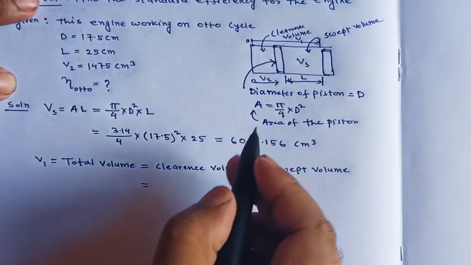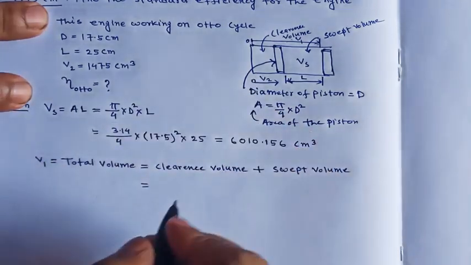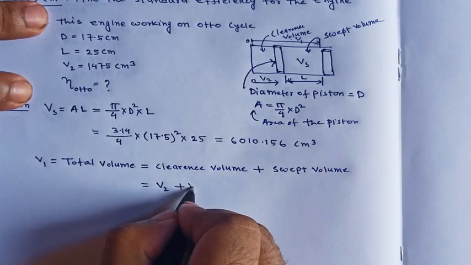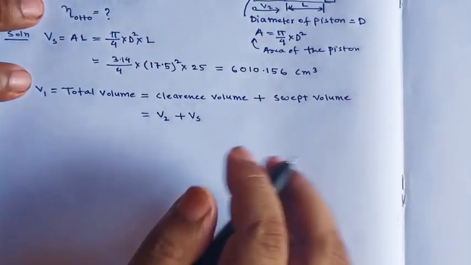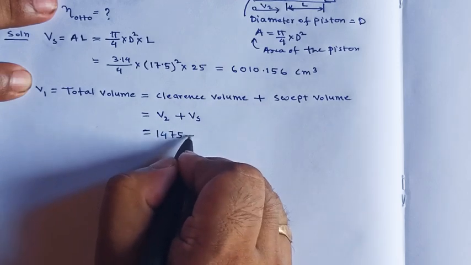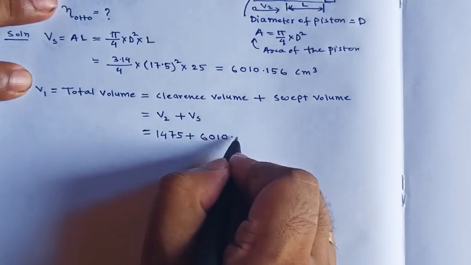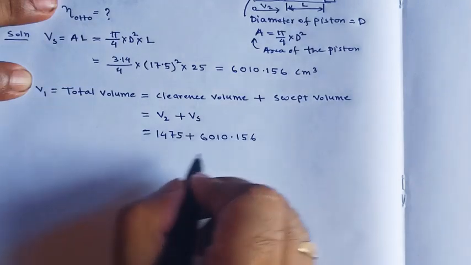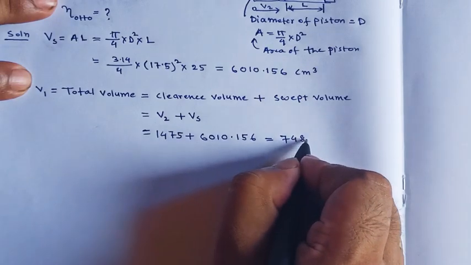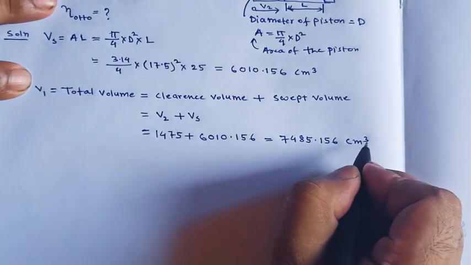Clearance volume is V2 and the swept volume is written as Vs. So V2 is given, 1475, and Vs is 6010.156, and this value will come 7485.156 centimeter cube.